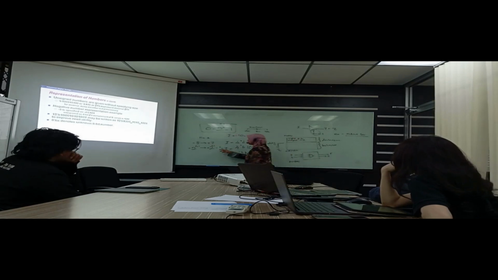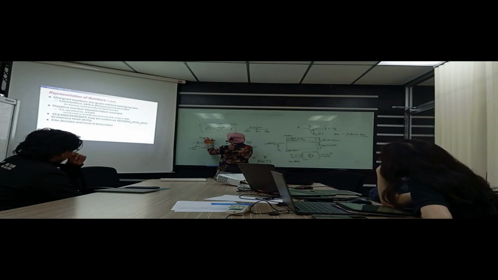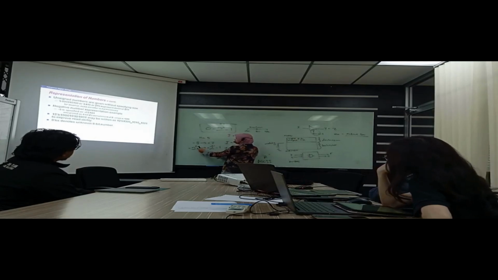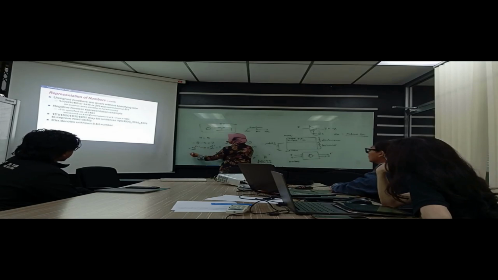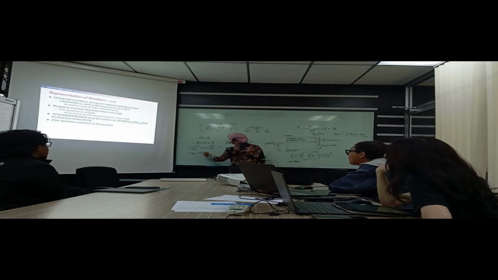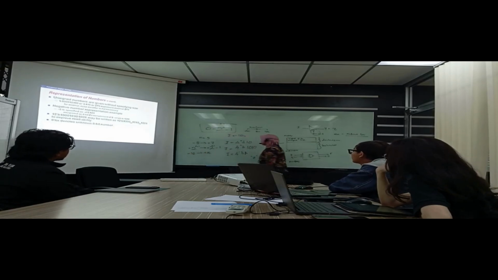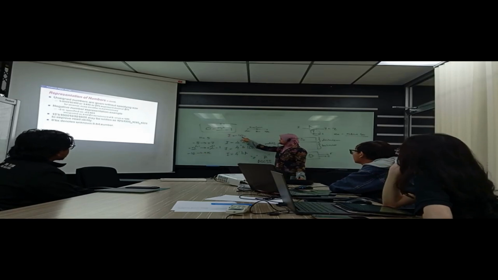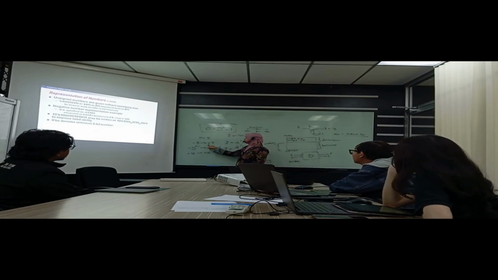Now I can replace with n equal to 5. It should be negative 16 to positive 15. So negative 10 cannot reside in n equal to 4, this is n equal to 5.